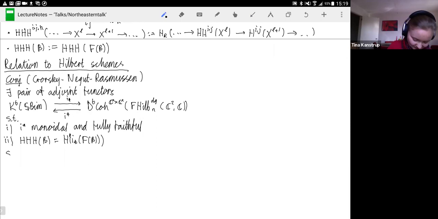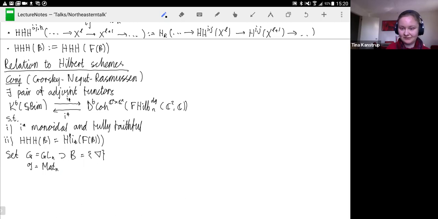Okay, so first we're doing type A, so G is GL_n, and B, my Borel, would just be all upper triangular matrices. And my Gothic g will be the Lie algebra, so it's just the set of all matrices.